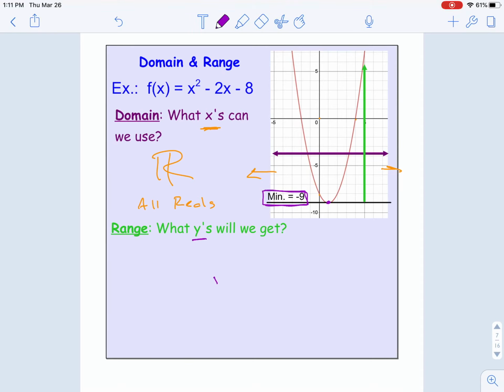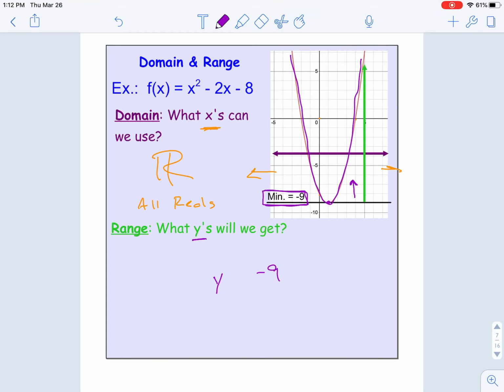Well, since range deals all with y's, we're going to have some equation where y, and then we'll have some sort of operation in the middle, and then you can just plug in either your minimum or your maximum value. Well, let's just ask ourselves, if I'm looking at this graph, it swoops down, swoops back up, which y values do I have?